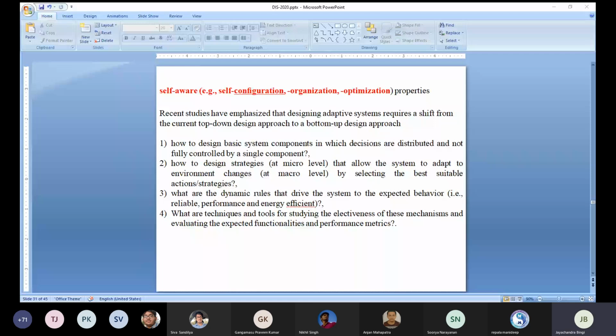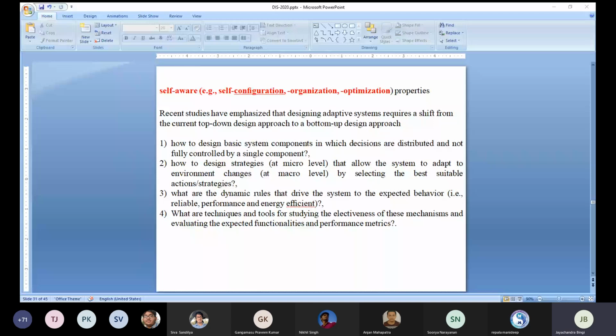That kind of system you need to build. Second, how to design strategies that allow the system to adapt to environment changes. Now all the different parts can decide on their own, so how are they together going to face the external conditions? That is the second one.